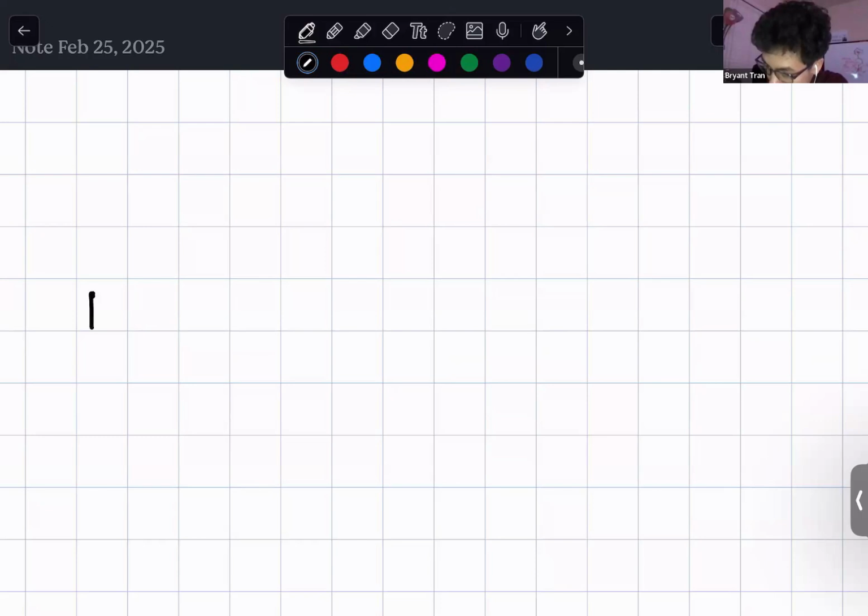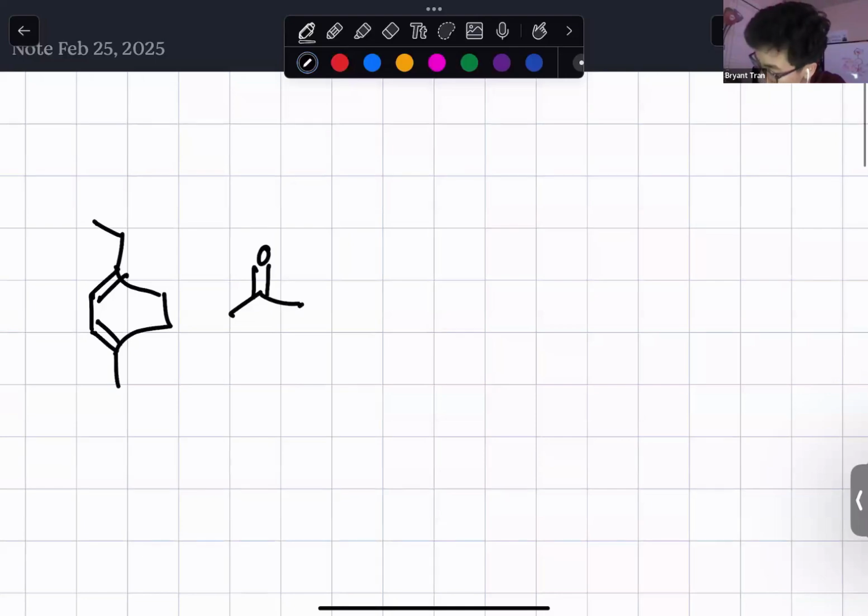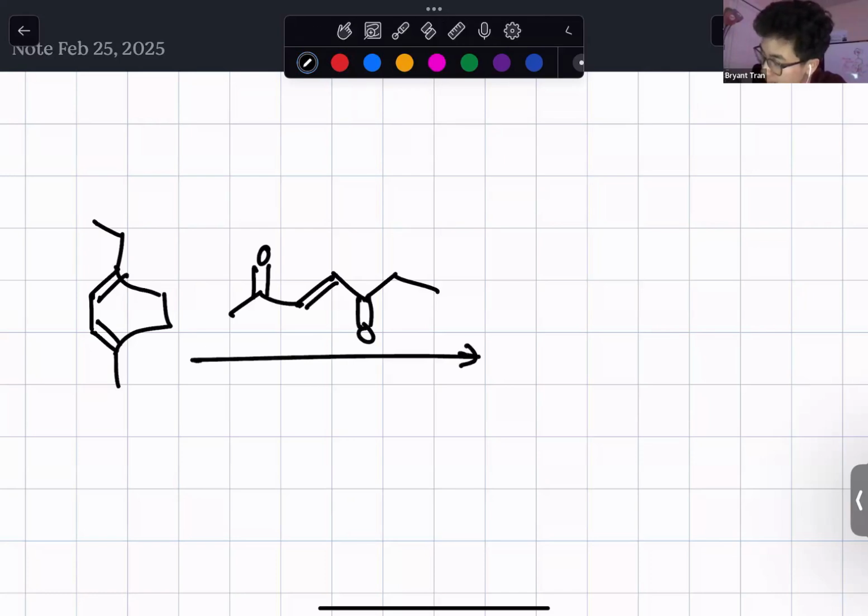given like this, where we have this diene with this dienophile. And we see that this is the diene part of the molecule, the yellow highlighted part, and this is the dienophile part of the molecule.